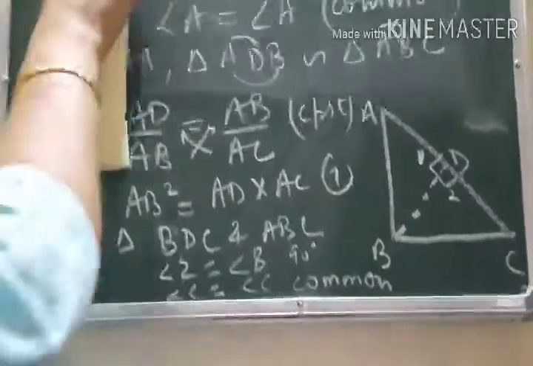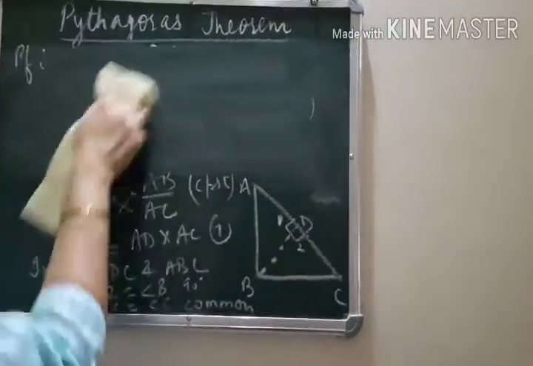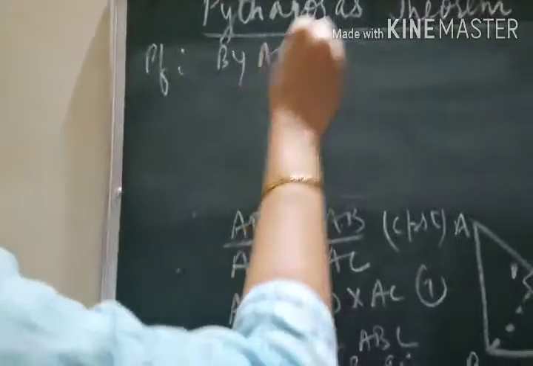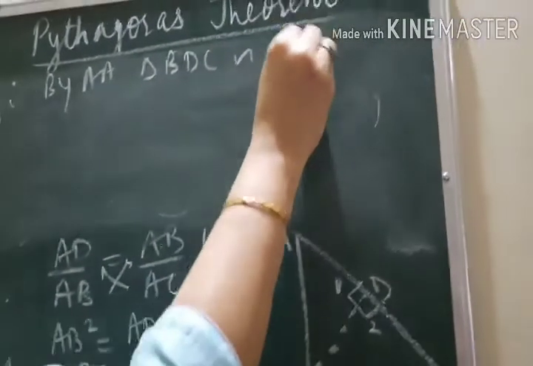Right? So again by AA, these two triangles will be similar. By AA, triangle BDC is similar to triangle ABC.